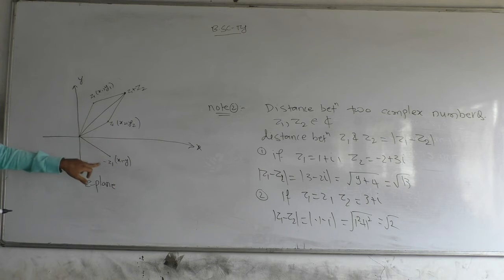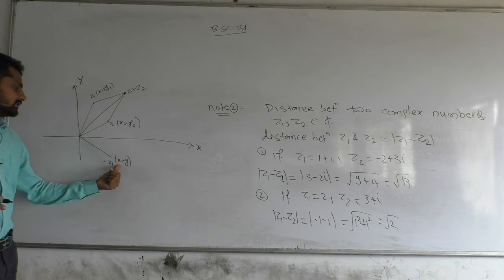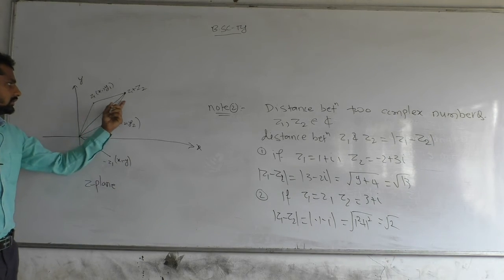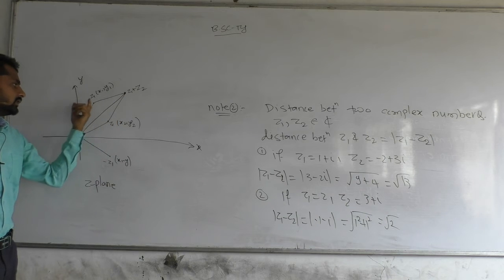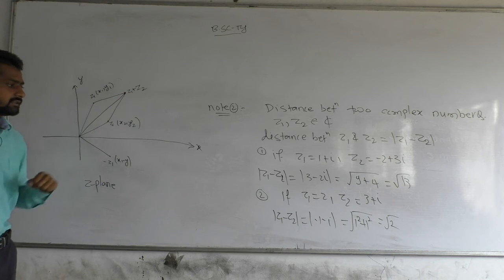So this point is minus z1, because x is as it is, only the sign of the coordinate y changes.